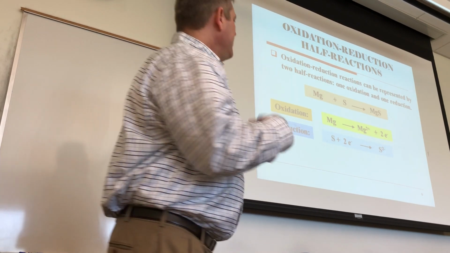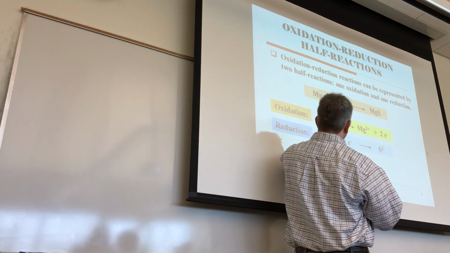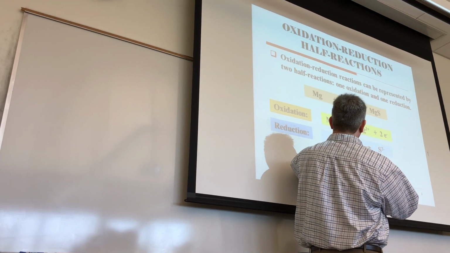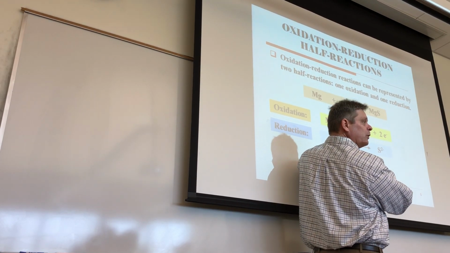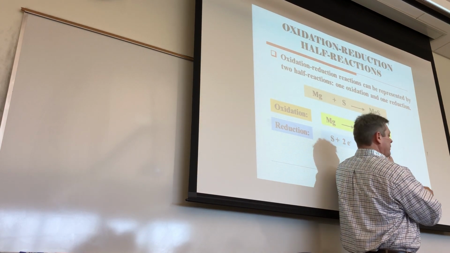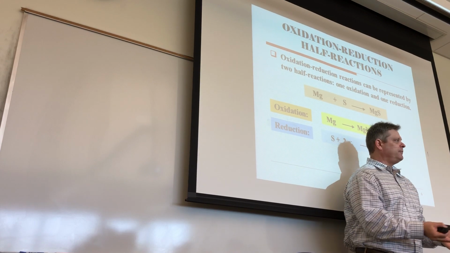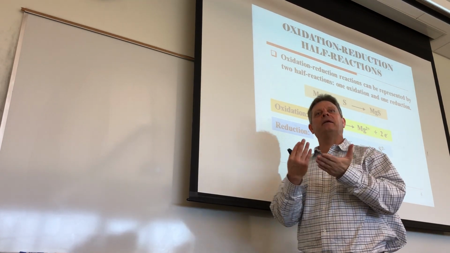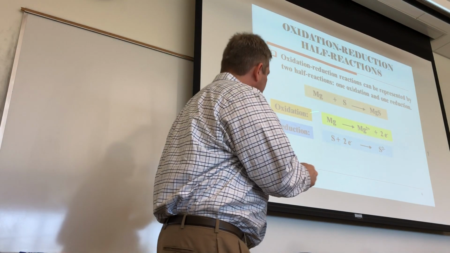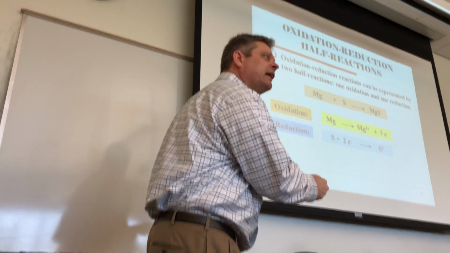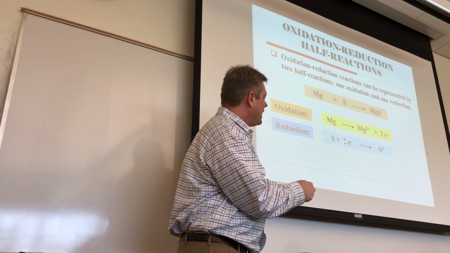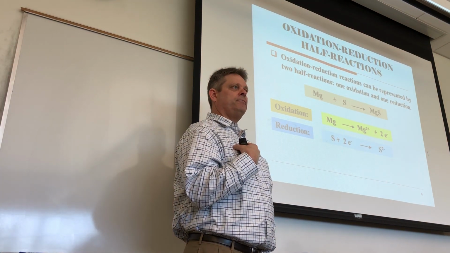Inversely, to reduce this, I have to take the sulfur with the 2 electrons on the reactant side to form the S2 minus. That's how I determine that the electrons in the oxidation half reaction are on the product side, and the electrons in the reduction half reaction are in the reactants.